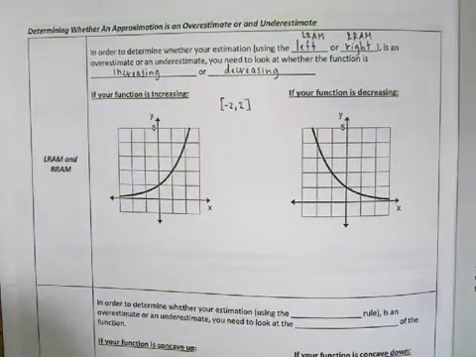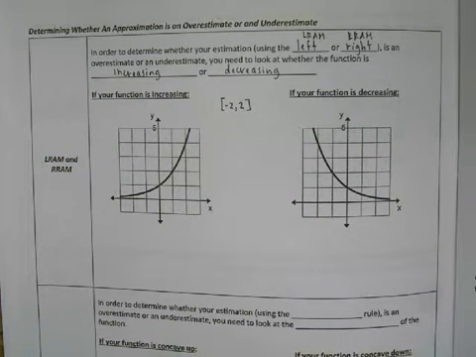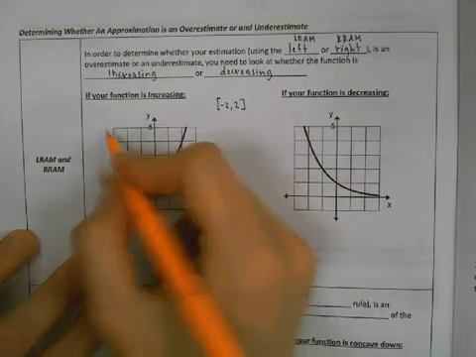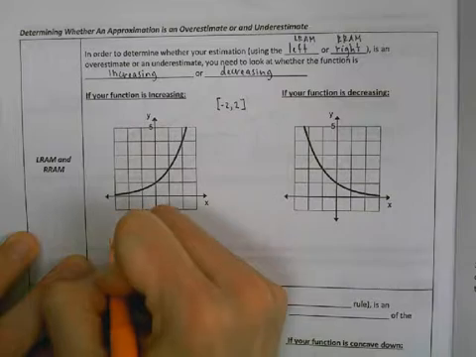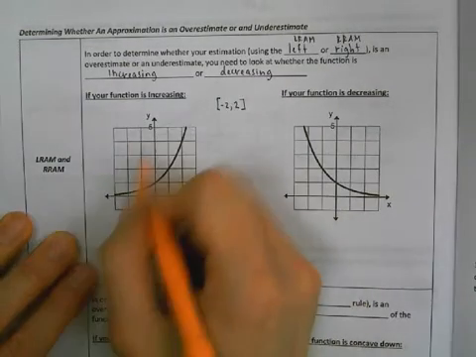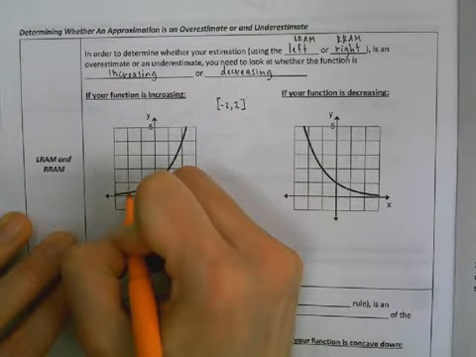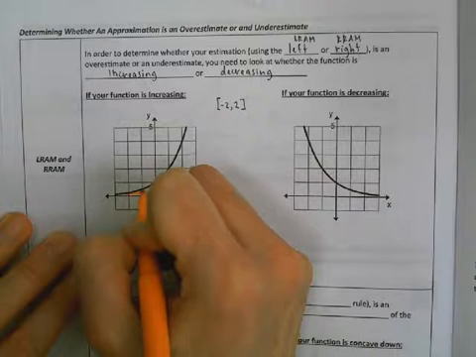So I'm going to draw in both on the same graph, and hopefully this won't get too messy here. I'm going to use orange and purple, and I'm going to draw an LRAM and RRAM. So let's look for an increasing function, what's happening if we use LRAM. So from -2 to 2, I'm going to use my left endpoints. So it means from my left side, I'm going to go over, up and over.